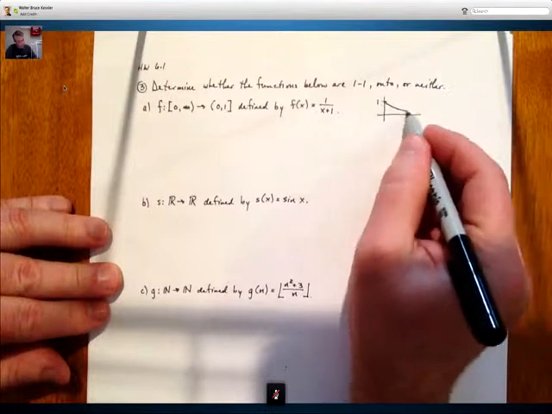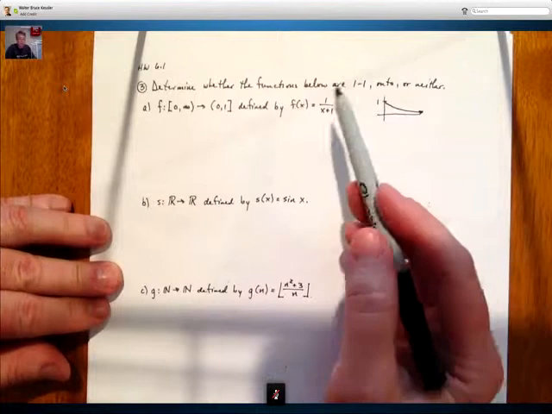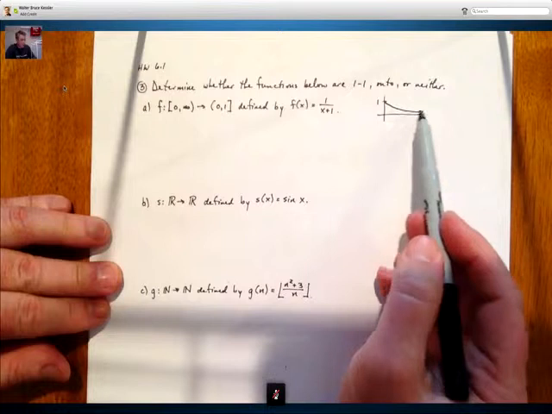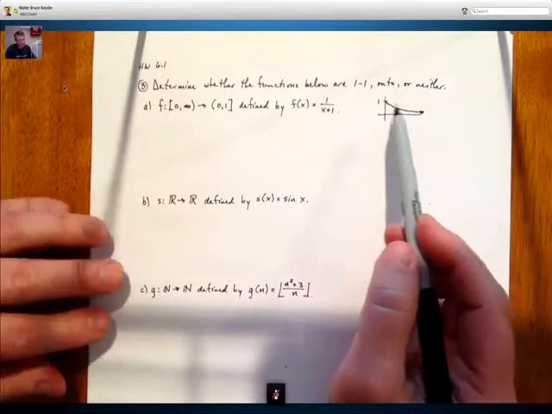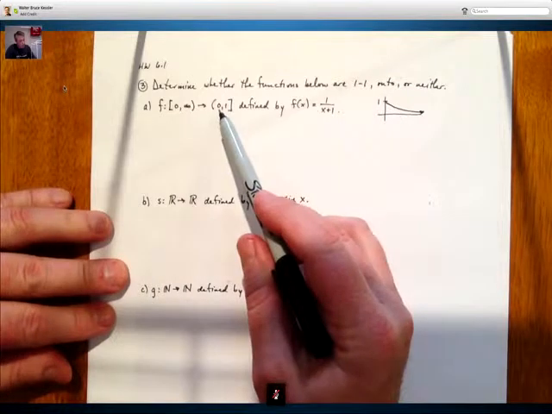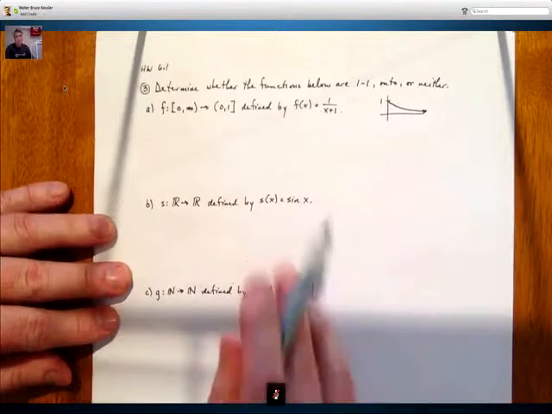And as x gets bigger, this thing asymptotically gets close to the x-axis, right? So if you think about this in terms of one-to-one and a horizontal line test, it would pass a horizontal line test. So it is going to be one-to-one. And also, it's going to cover everything bigger than 0 and less than or equal to 1.